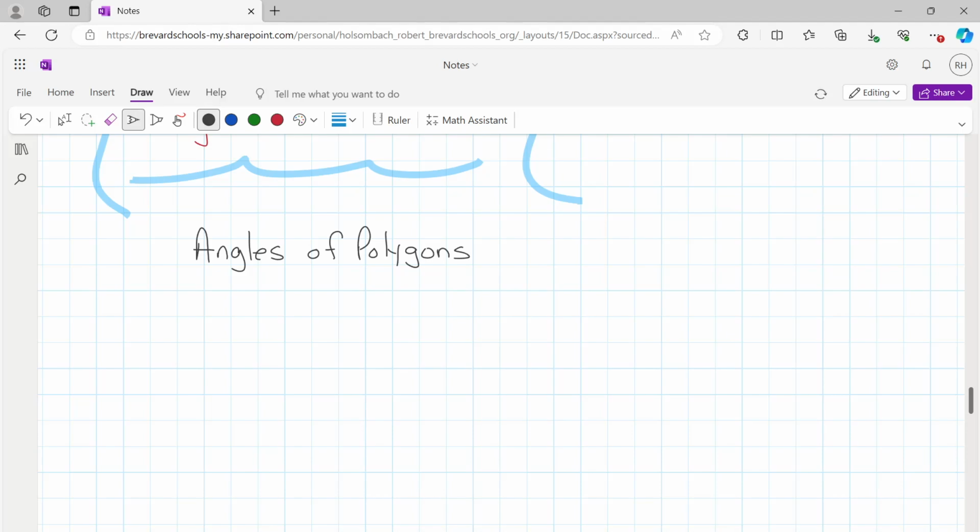Specifically, we're going to be working with interior angles of polygons. And theorem 6.1 on page 393, polygon interior angles sum.